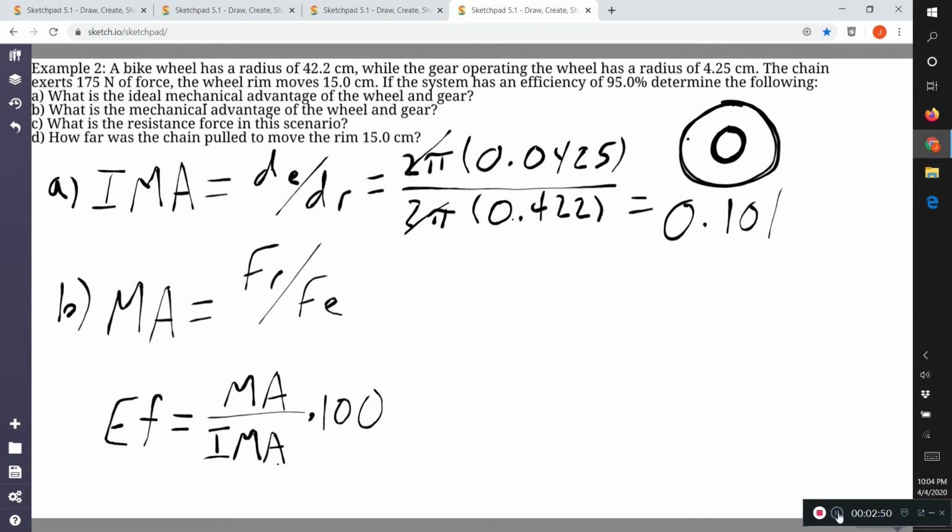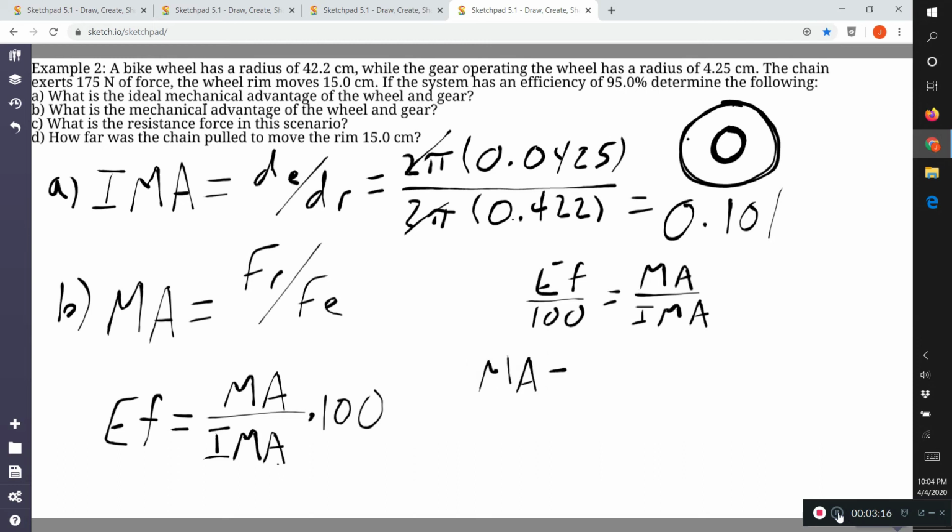So I'm going to rewrite this formula so that it is solved for MA. To do that, I'm going to divide efficiency by 100 to get rid of the times 100. And then I'm going to multiply by the ideal mechanical advantage.